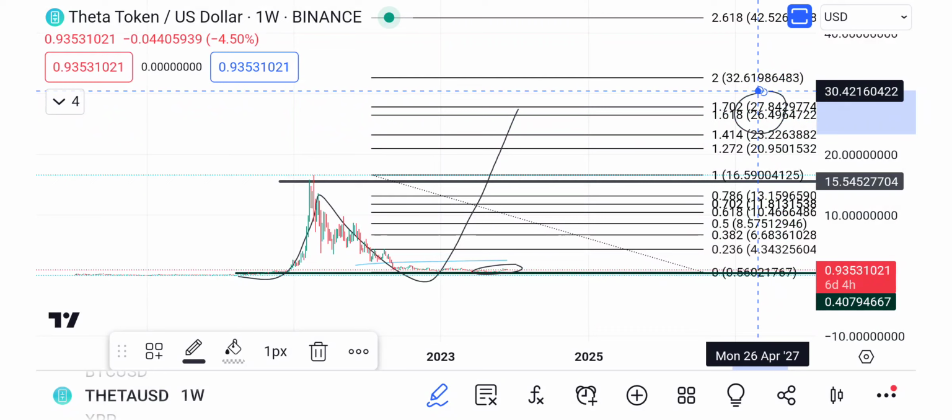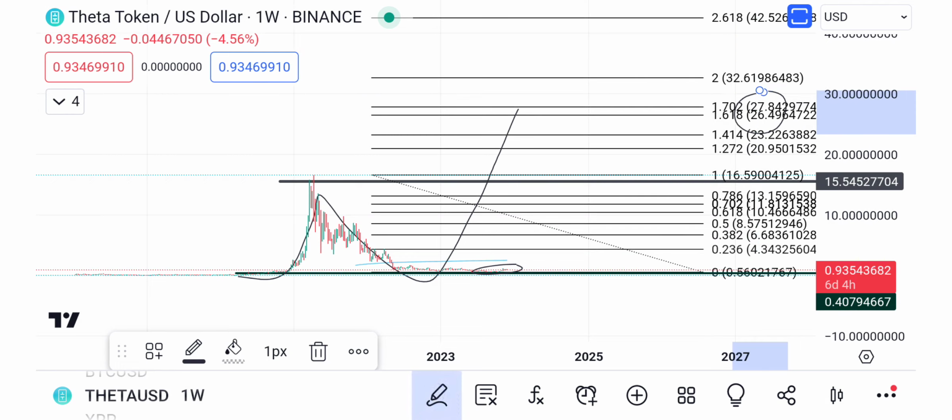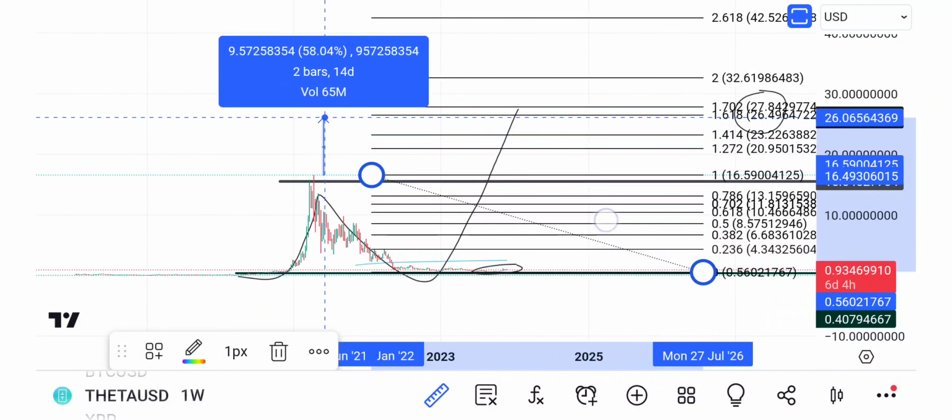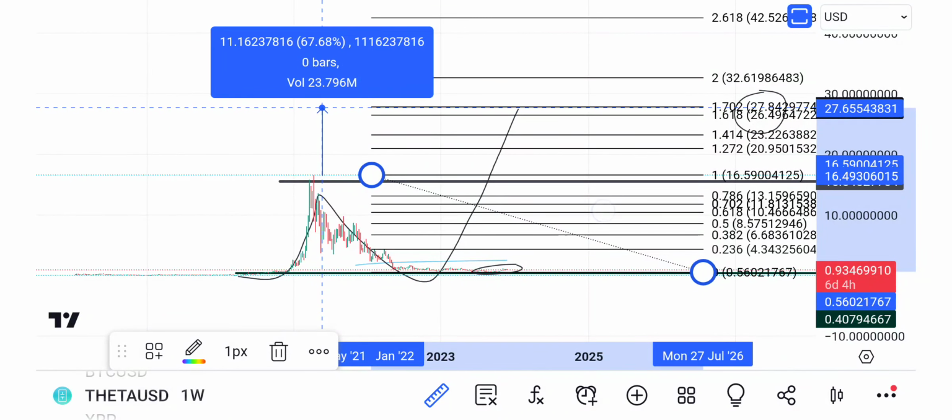That is my first target for Theta, that $26, $27 mark. Could that be the total end of Theta's run? It's possible, but if you take a measurement from the all-time high to that $26, $27 area, that's only a 67% move in price discovery. That's not a lot, and especially for a wave 3, right?